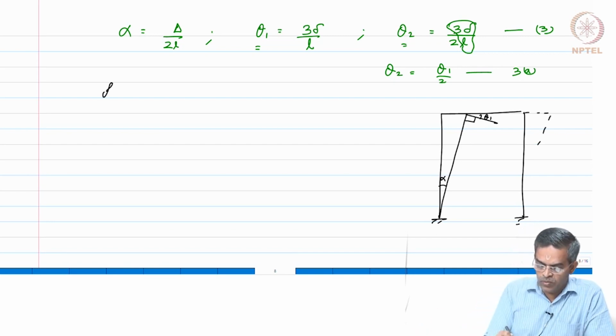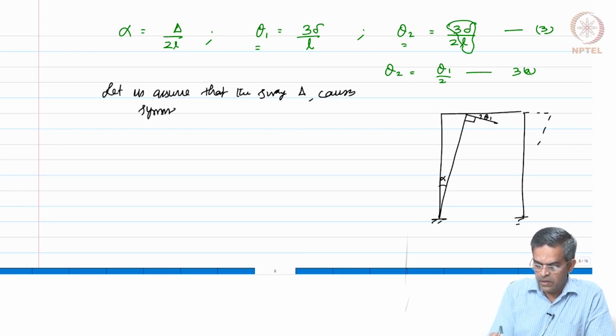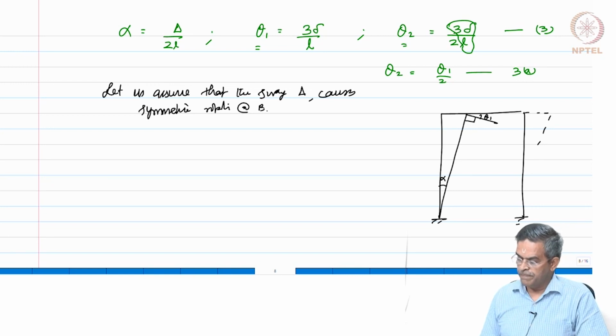So, let us assume that the sway delta causes symmetric rotation at B. What does it mean?